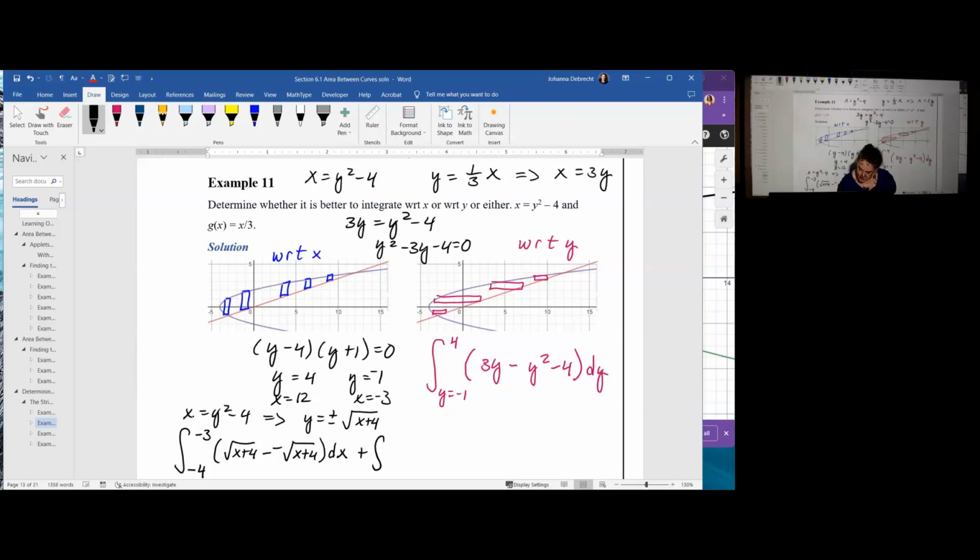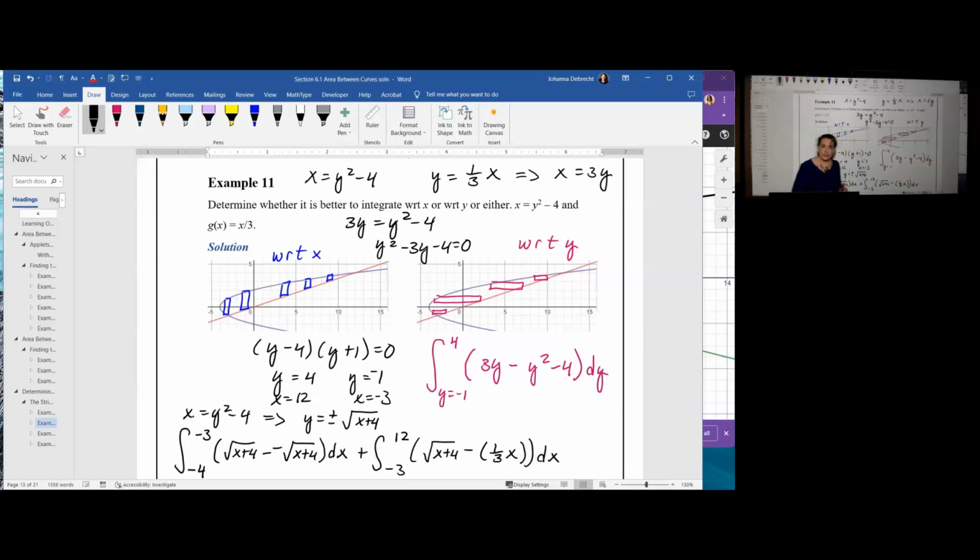Then we'd have to integrate from -3 up to 12 with the upper arm, the radical, minus the line, which was 1/3 x. It is far simpler to evaluate this one with respect to y. Let's take a look at two more examples.